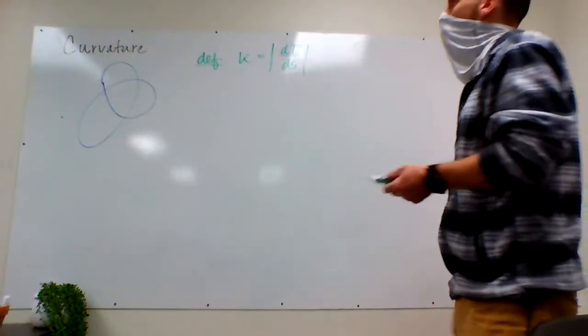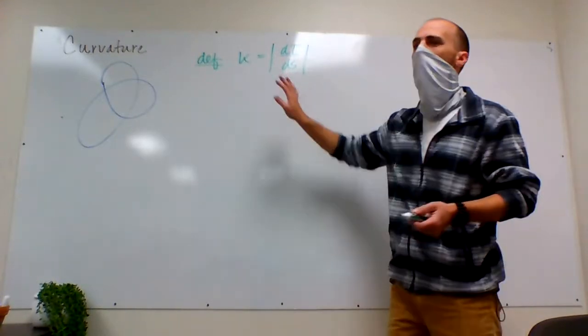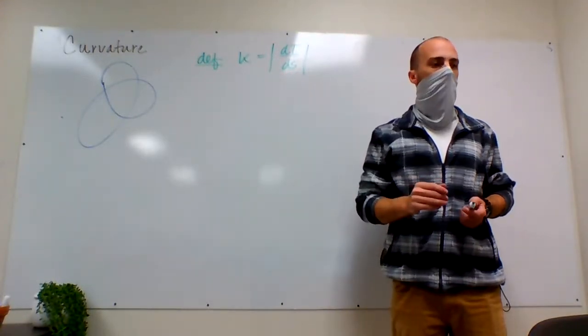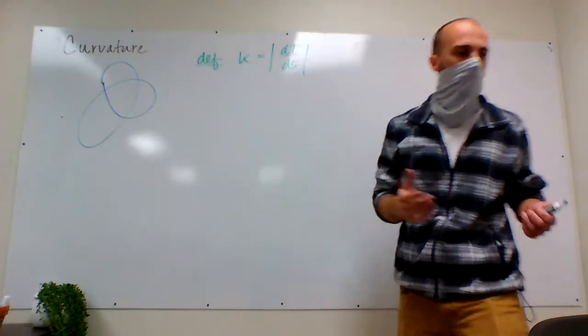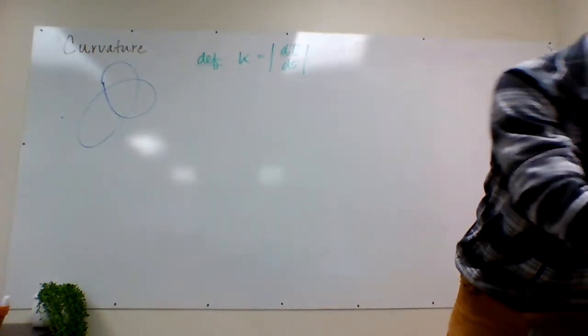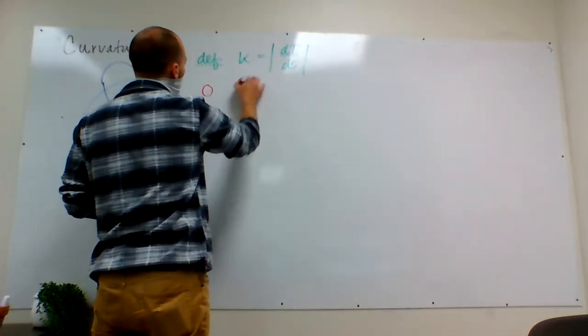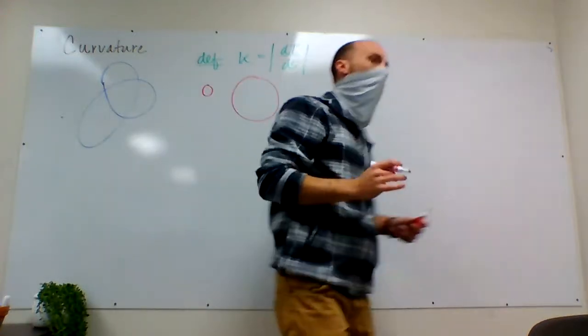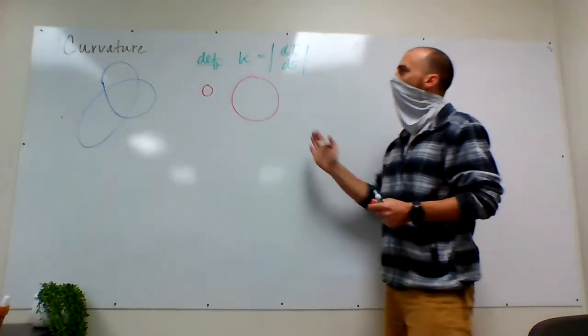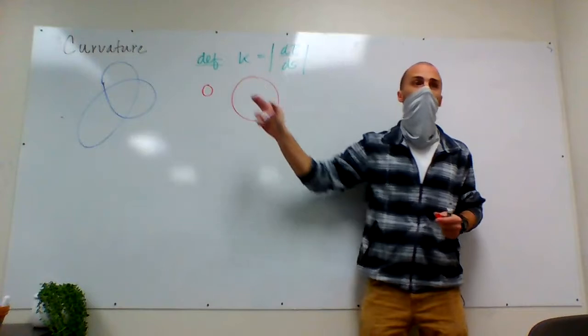But one thing I do want to point out is that this is also kind of an issue of perspective. If you take two circles, and maybe I'll just draw you two circles, and you are like one ant crawling around the edge of the circle.